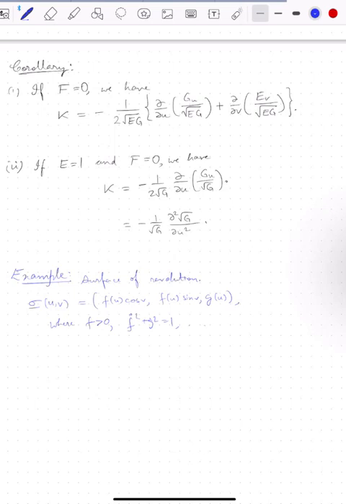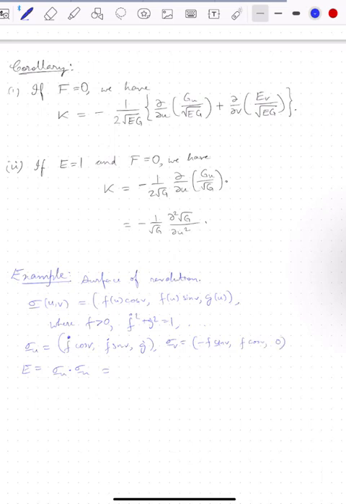We found that E is sigma_u dot sigma_u, where sigma_u is (f dot cos v, f dot sin v, g dot), and sigma_v is (minus f sin v, f cos v, 0).